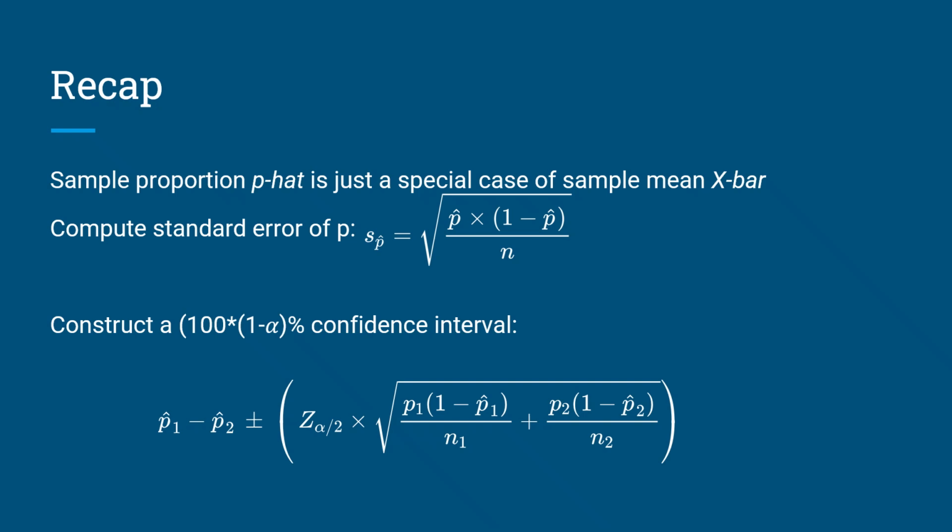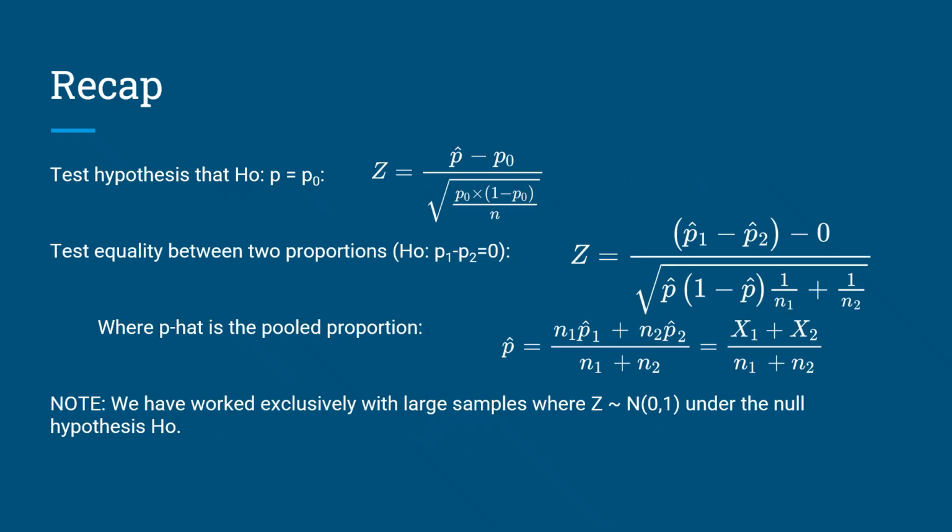So here we can review how to calculate a confidence interval for some stated level of significance. We also discussed how to do a one-sample hypothesis test, comparing the observed proportion to some value stated in the null hypothesis. This is the formula we would use to calculate a test statistic that we would compare against a critical value.